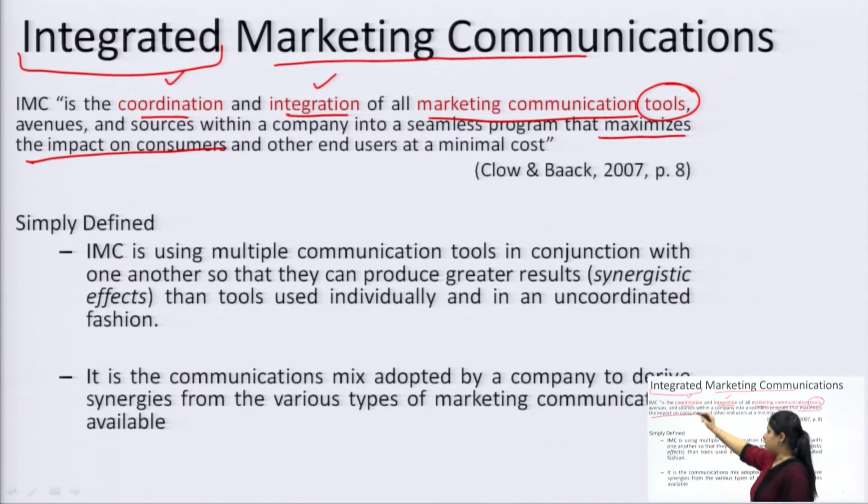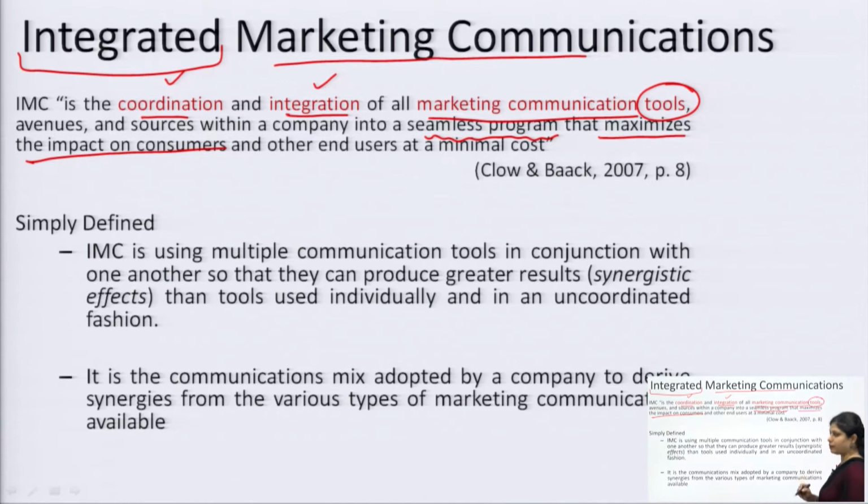As per the definition, IMC is the coordination and integration of all the marketing communication tools, avenues and sources within a company into a seamless program. That maximizes the impact on consumers and other end users at a minimal cost.